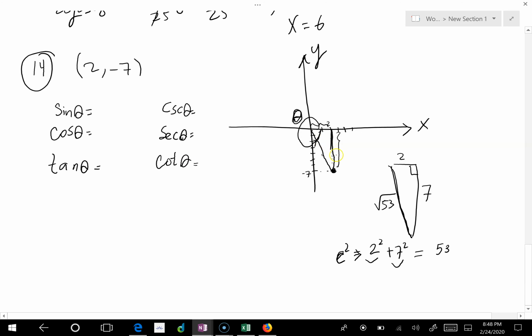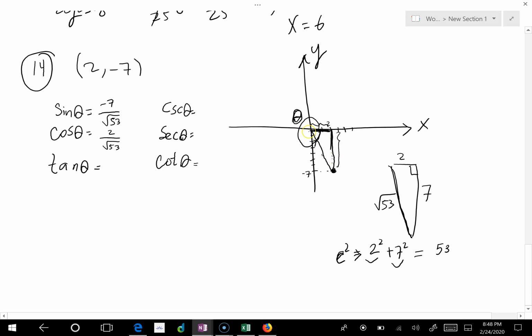Sine would be opposite, which is negative 7 over root 53. Cosine would be 2 over root 53, because that's adjacent over the hypotenuse.